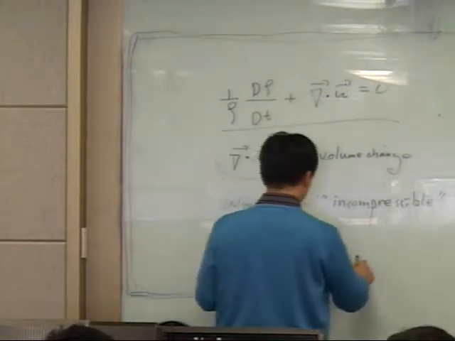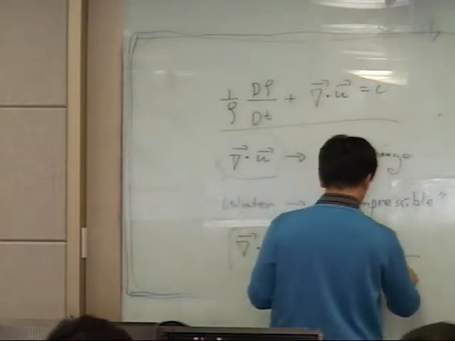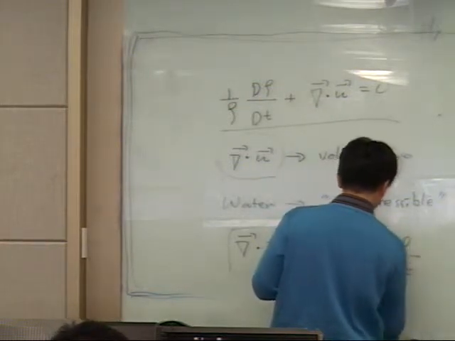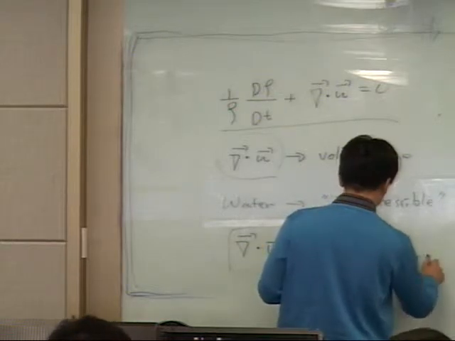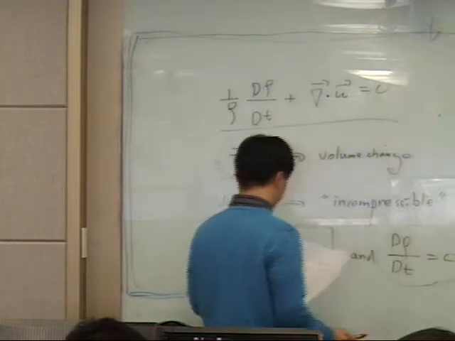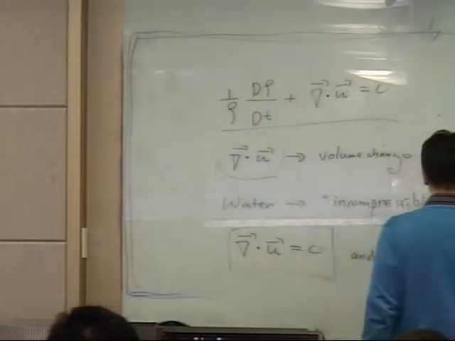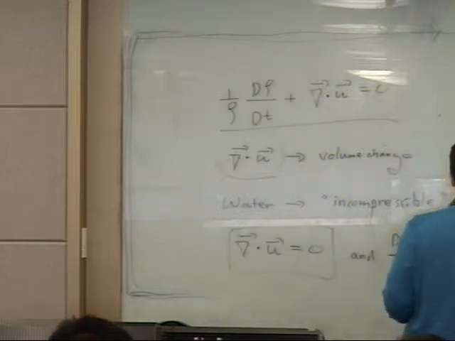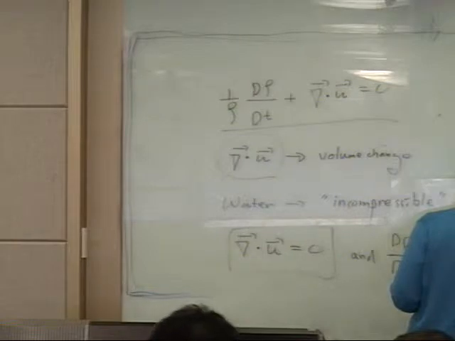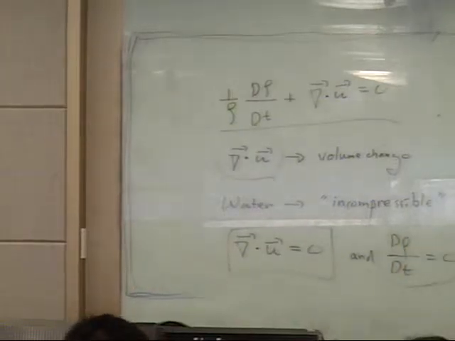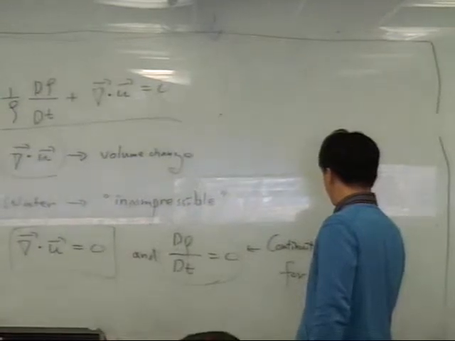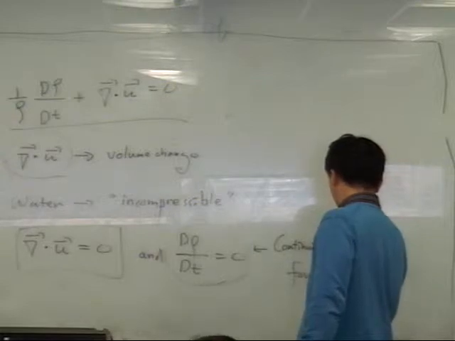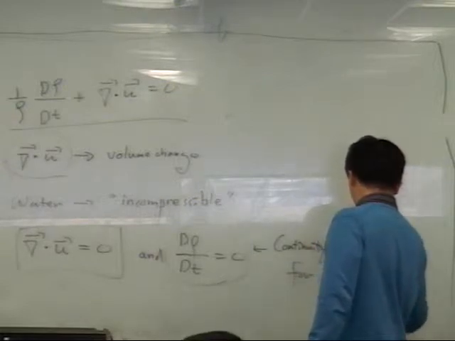And so the rho total derivative equals 0. Okay? This is the continuity equation for incompressible fluid, stable fluid, like water.